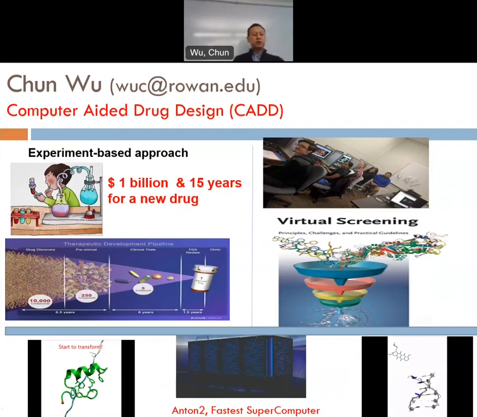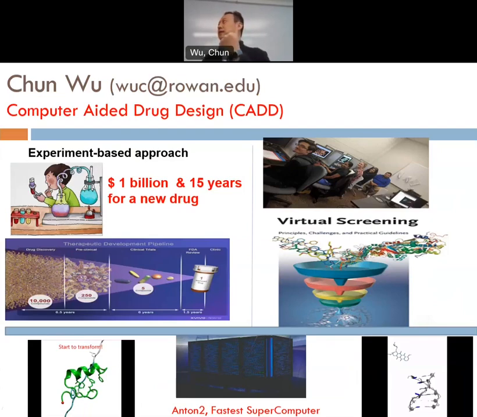I'll give you a brief introduction to what we are doing in my lab. My lab is especially computer-aided drug design, and our goal is to replace the traditional approach for drug discovery, which takes so long and so much money. How can we accomplish that? We want to use the information on the drug target.